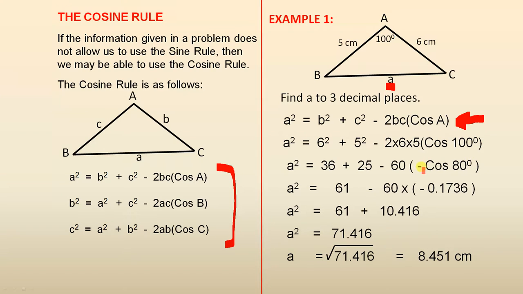Now you notice here I have minus cos 80, so you remember from previous videos that the cos of 100 is minus cos 80 because this is in the second quadrant and cos is negative in the second quadrant, and that's the acute angle formed by the ray and the x-axis. So cos of 100 is the same as minus cos 80. So we continue to simplify through here and we arrive at a squared equals 71.416. We find the square root of that, and there is the value of a to 3 decimal places.